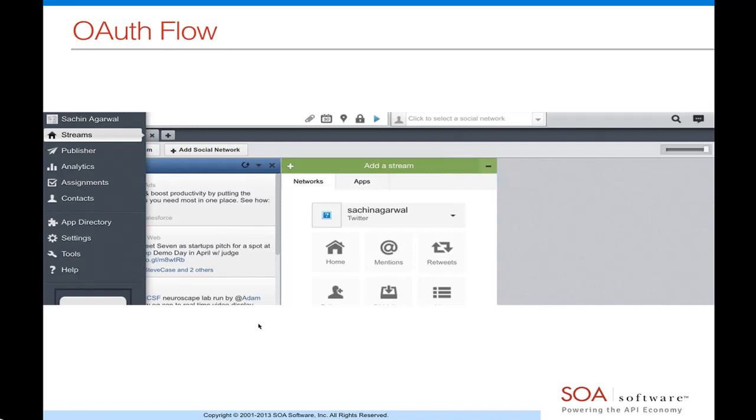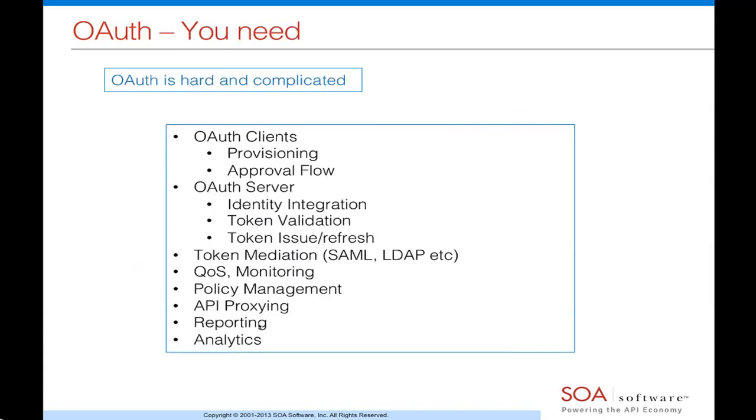But managing OAuth is extremely, extremely complex. There are a couple of versions: OAuth 1.0, 1.1a, and now OAuth 2.0. And all of these versions are extremely difficult, both for the client and at the backend. There are a lot of things that you need to do in order to configure OAuth both at the client side and at the backend.